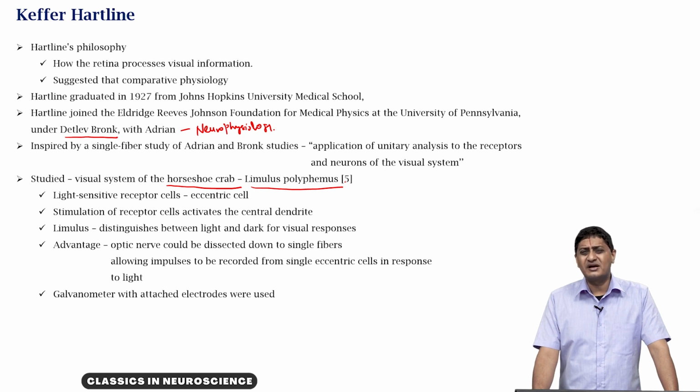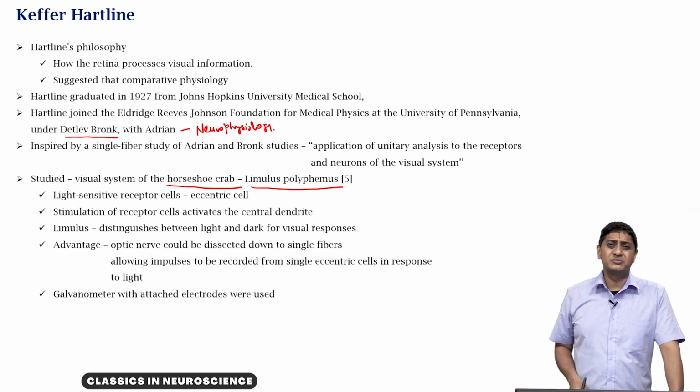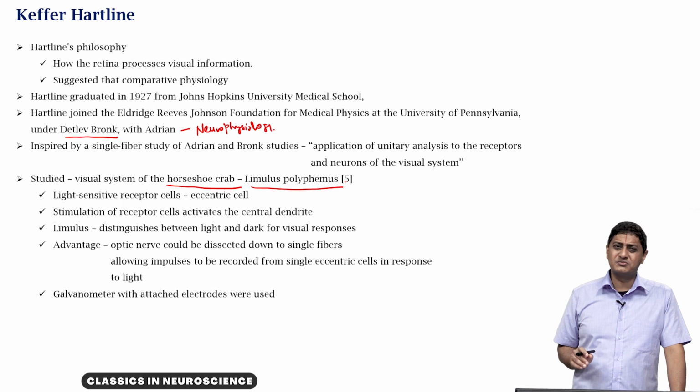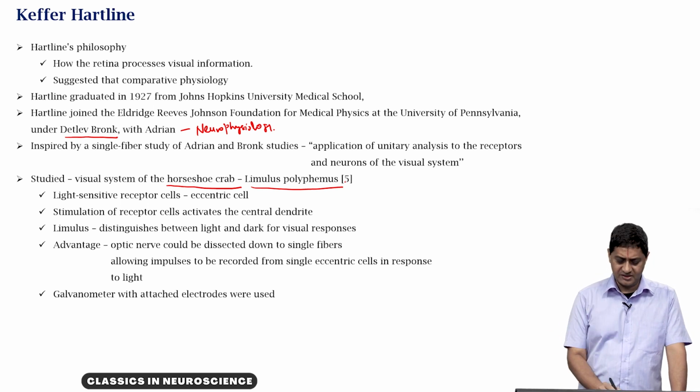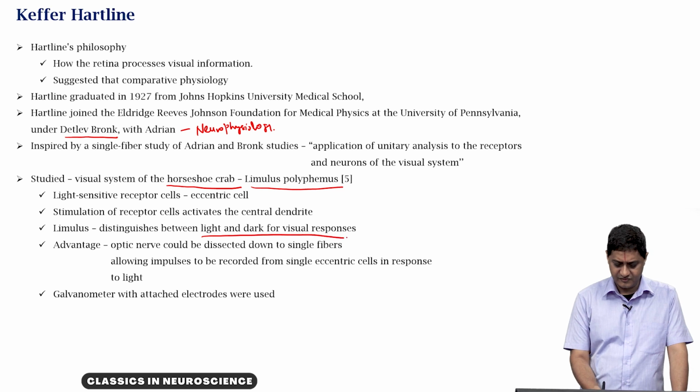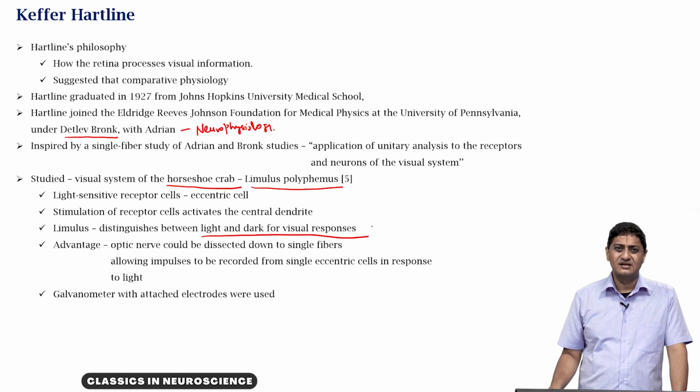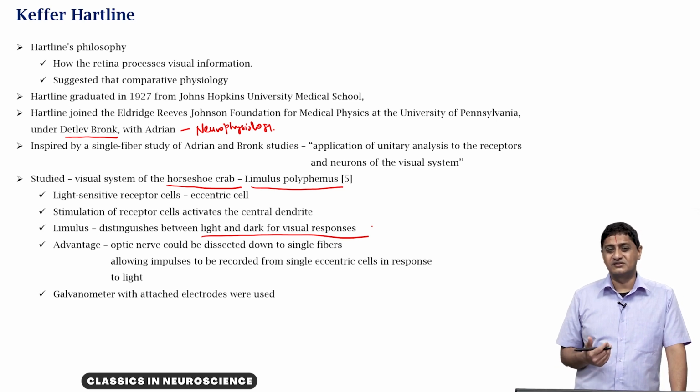Remember, this crab actually cannot see the details of the picture being presented. It can only distinguish between light and dark for visual responses. So, you are wondering what we are going to understand by studying this species.